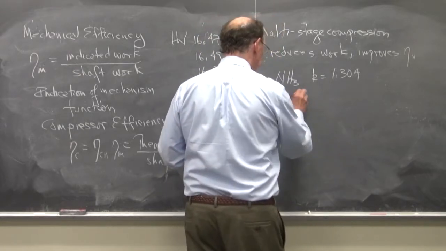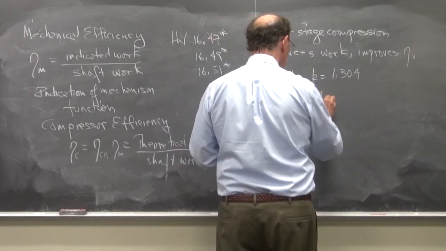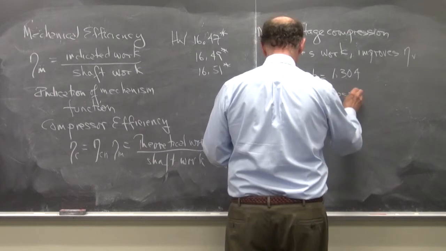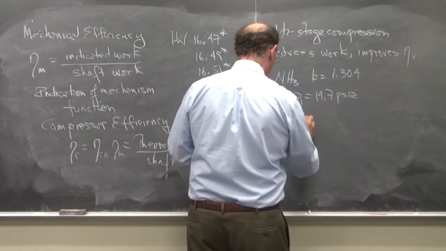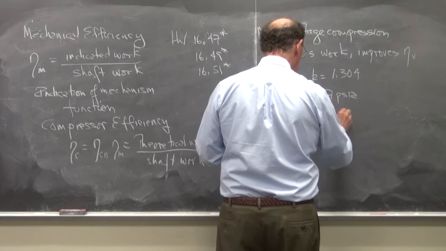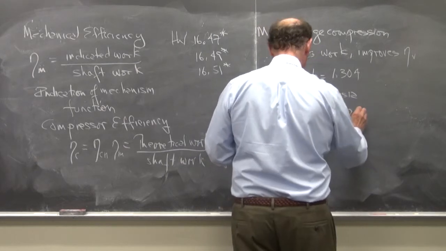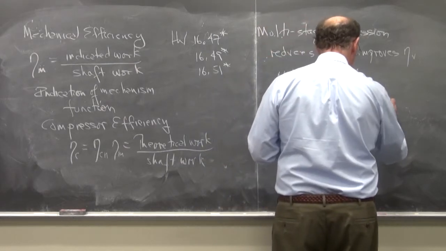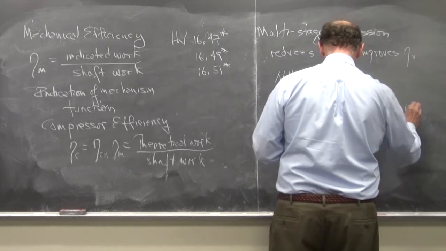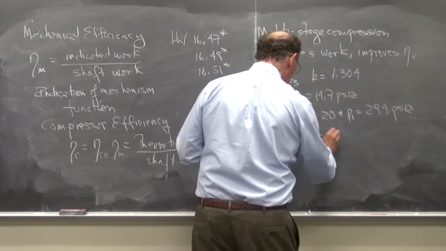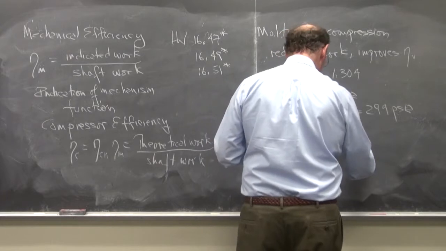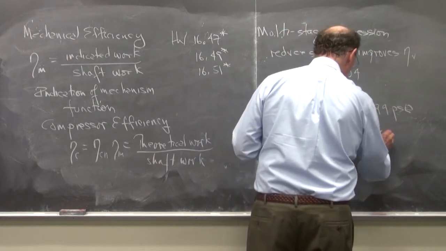So let's say that P1 is 14.7 psi. P2 is equal to 20 times P1, 294 psi. T1 is 0 degrees Fahrenheit, which is 460 degrees Rankine.